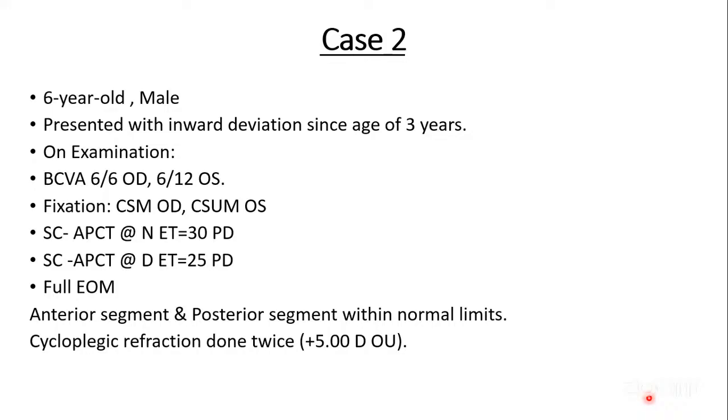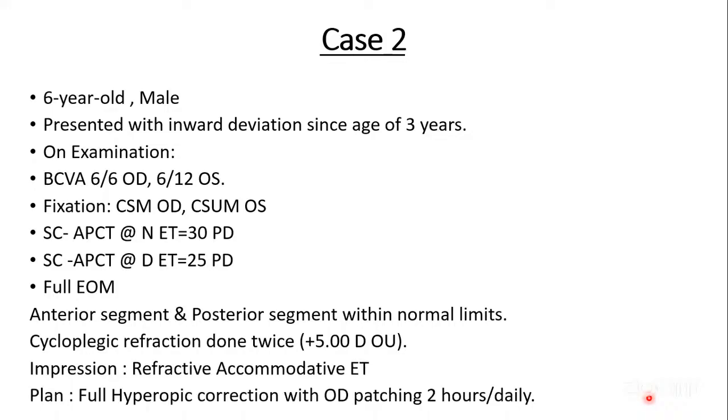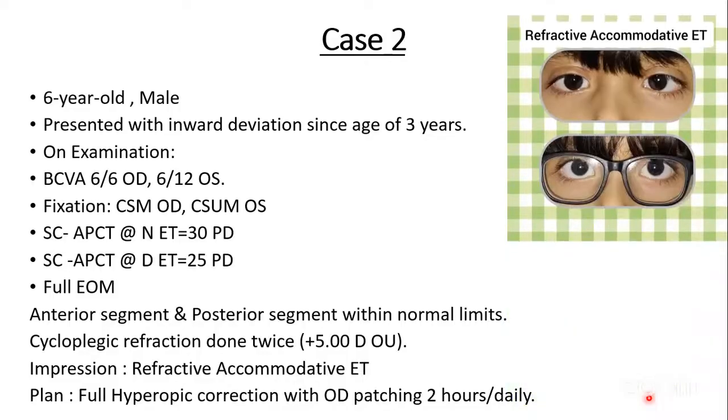If the patient is having residual of 8 to 10 prism diopter, not more than that, that is going under the fully refractive accommodative esotropia. If the patient is having more than 10 prism diopter of eso with the full cycloplegic refraction, then this is a partially accommodative esotropia. So can we say it is microtropia also, because it is within 10? Yes.